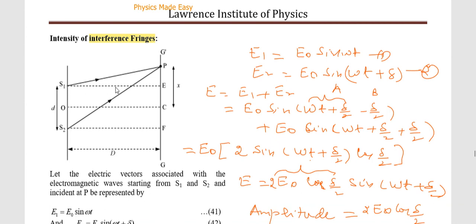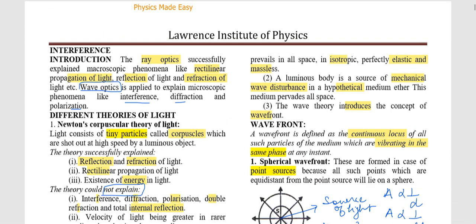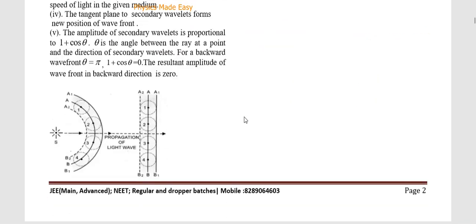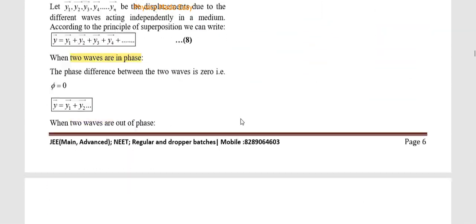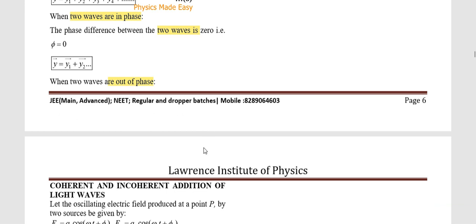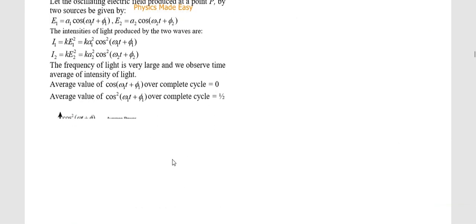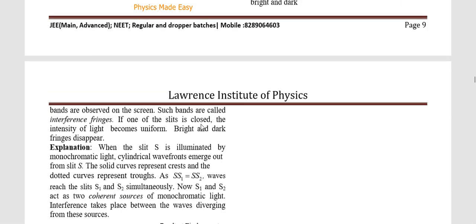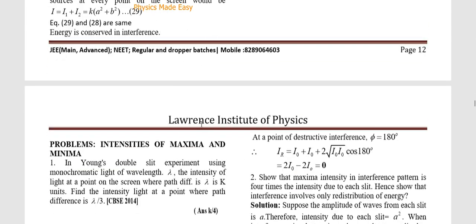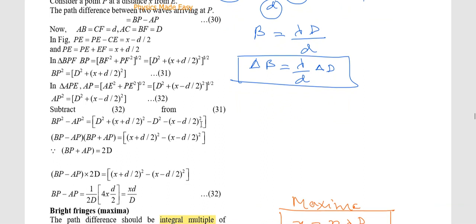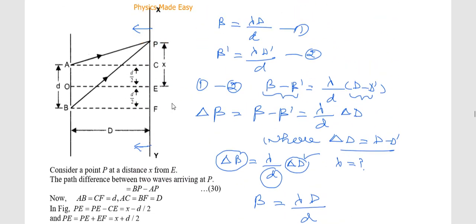In front of one of the slits means at E. If this is at E, it means we'll have to locate that. Now the purpose is served.